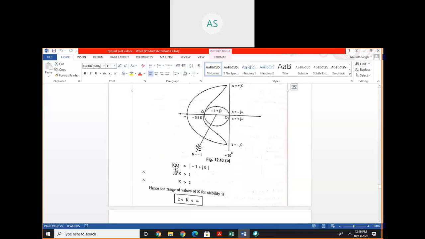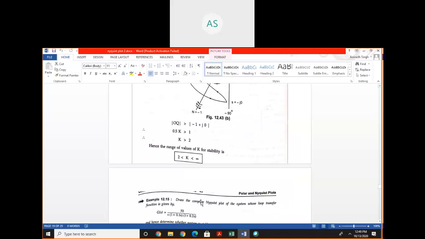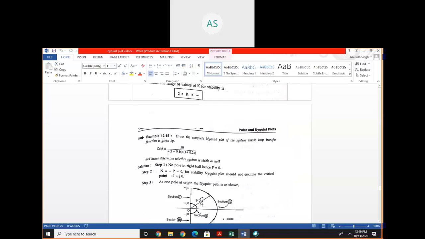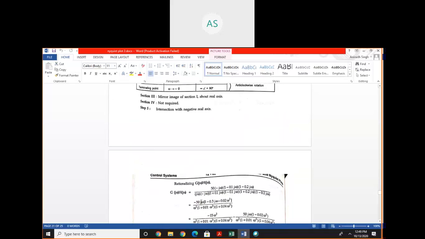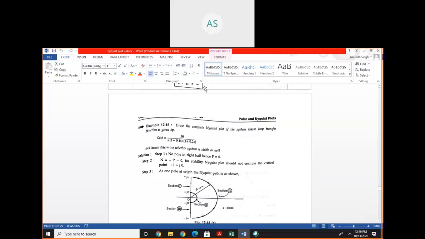Then for finding the range for which this system is stable, first you rationalize G(j omega)H(j omega) and separate the real and imaginary parts. Then equate the imaginary part to 0 and calculate the phase crossover frequency. When you substitute this phase crossover frequency in the real part, you get the intersection point of the Nyquist plot with the negative real axis.